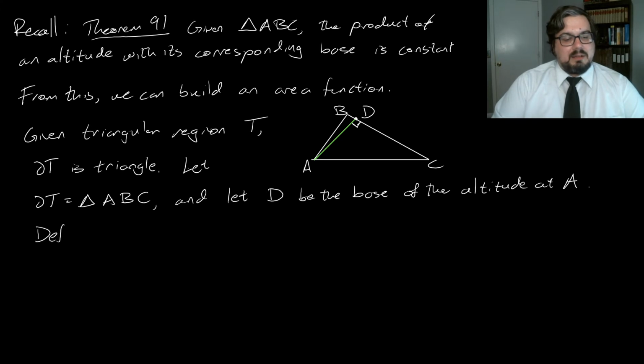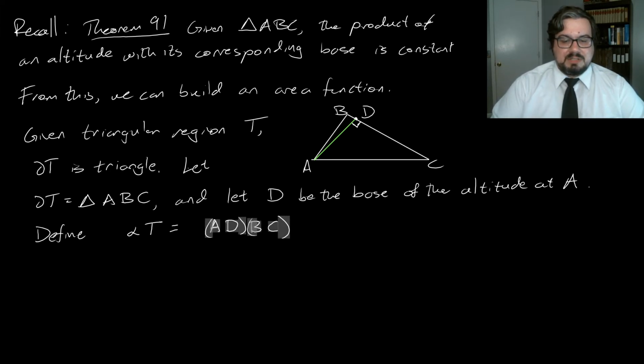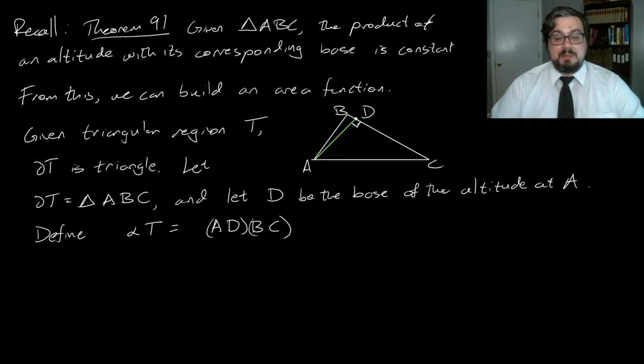Let's define the area of T to be the number AD times the number BC.